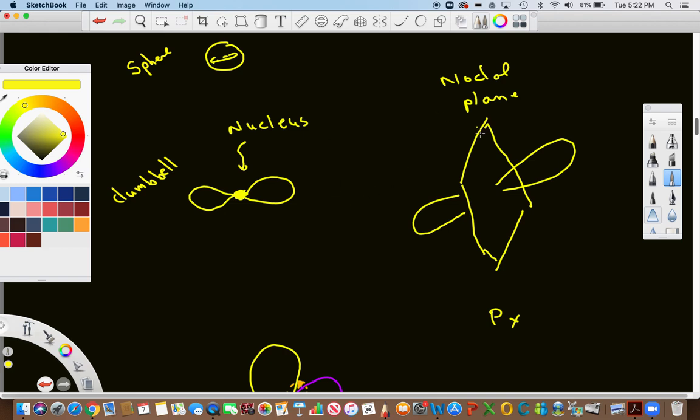And sometimes you may see it drawn in this manner, where we have a nodal plane. So this is a plane where the nucleus is right in this plane. And so we have one lobe coming out the right side and another coming out to the left side to actually try to show 3D.